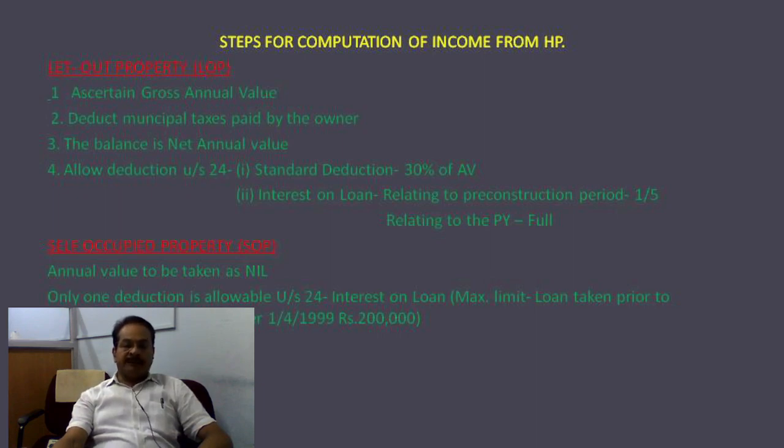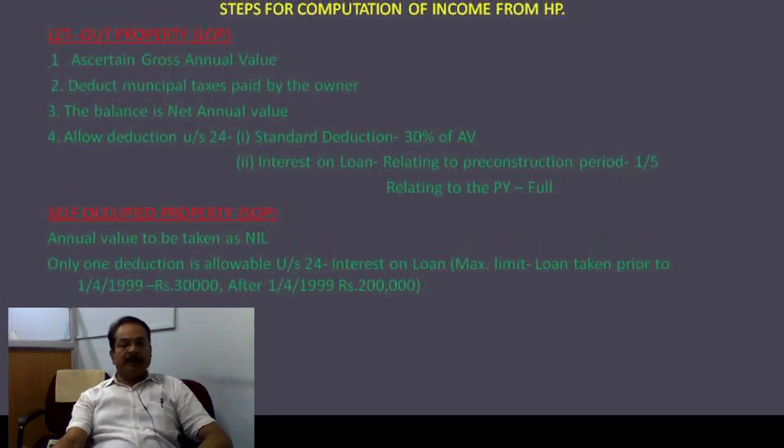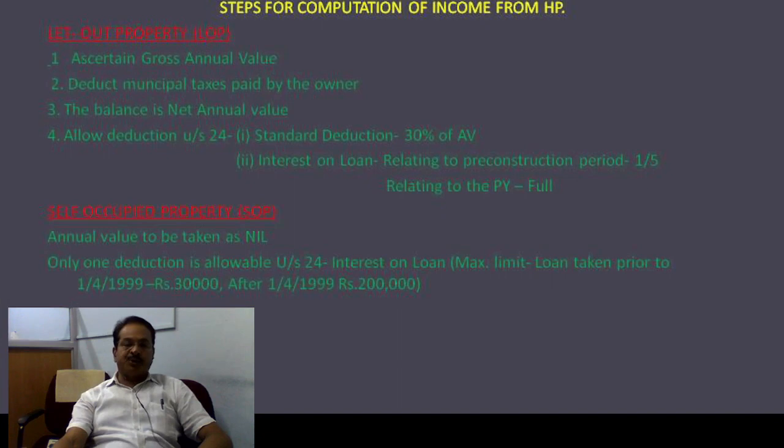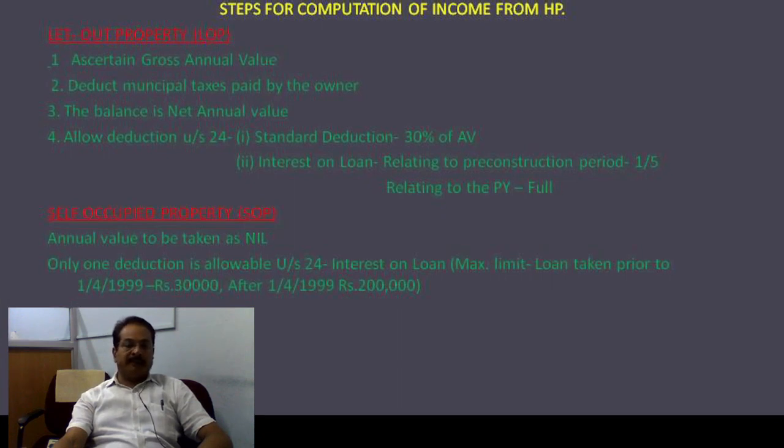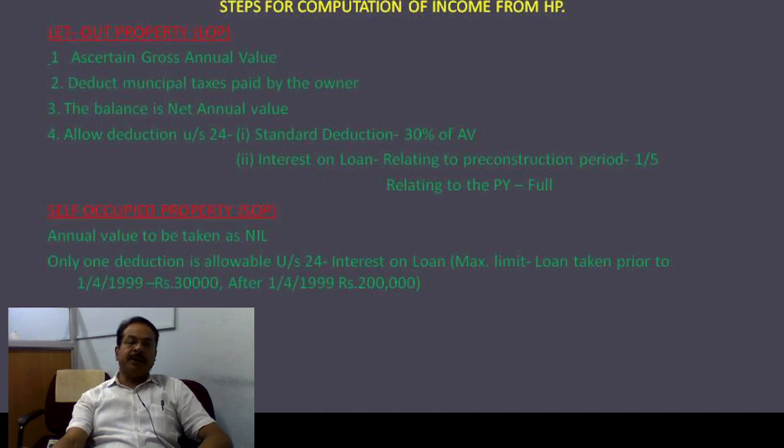In the case of self-occupied property, the annual value is to be taken as nil. From the annual value, only one deduction is allowed under section 24, that is interest on loan.